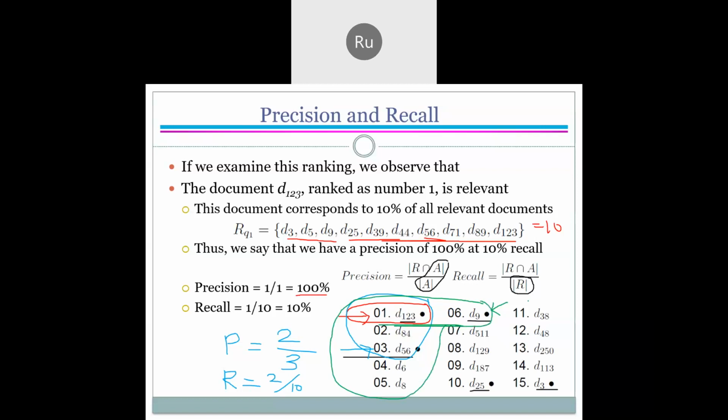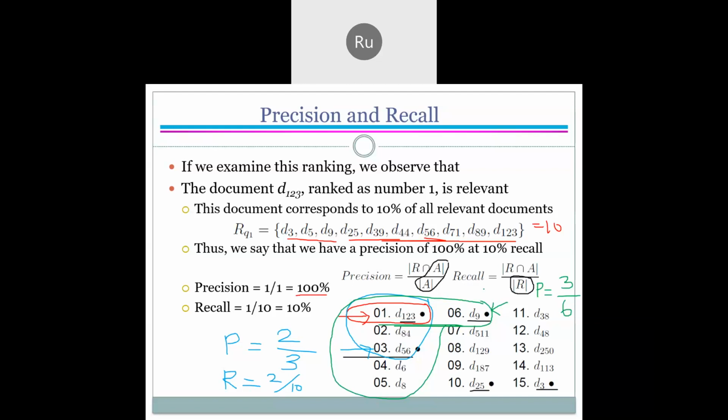Okay, what is the precision that we have here? 50%? Because at this stage, how many documents do we have? 6. Only 3 of them belong to the relevant documents, the black dots. So the precision is 50%.